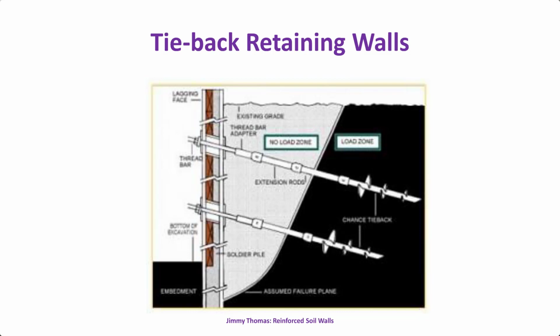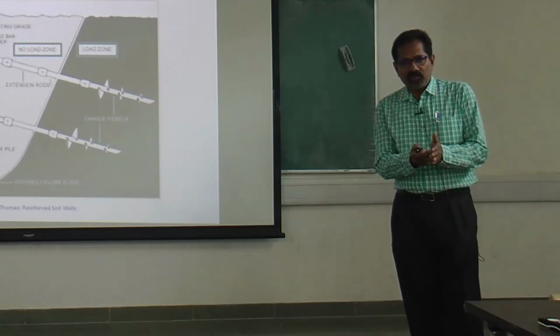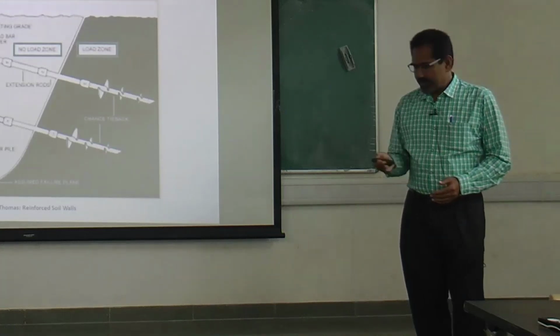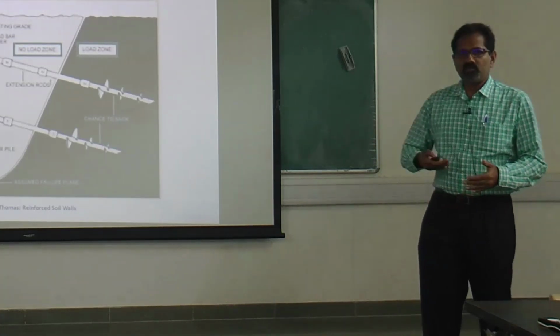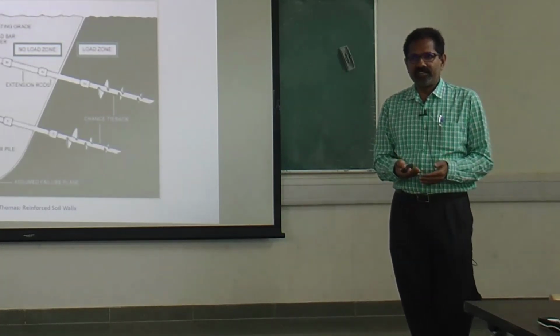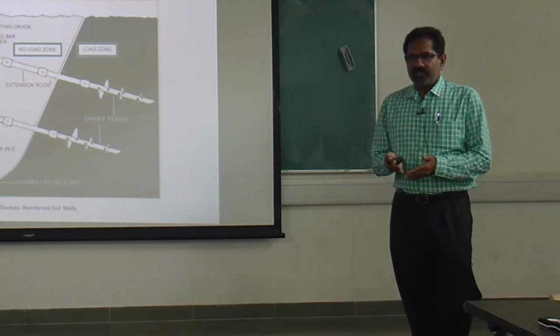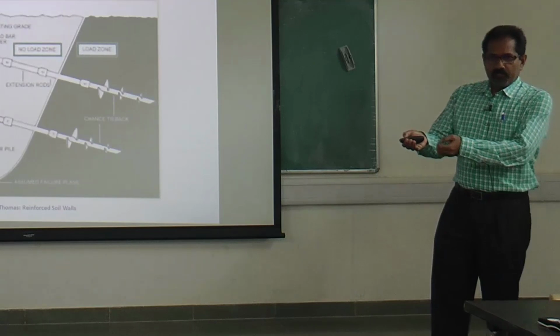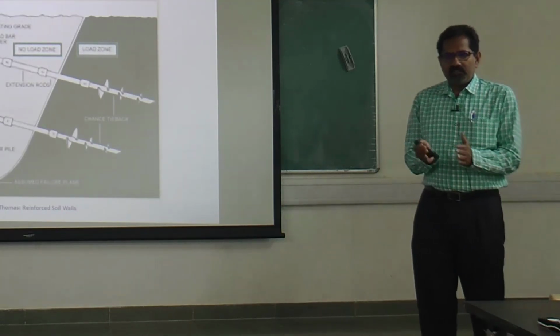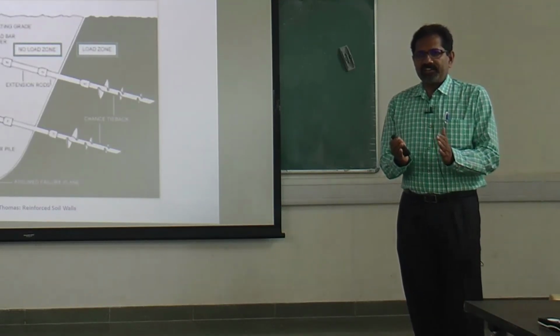The only difference is that soil nails are passive systems, meaning tension is mobilized only if the soil deforms. Whereas tie-backs are most commonly pre-stressed. That means you drill, insert the reinforcement, then grout it, then pre-stress it. So even before the ground deforms, it's in tension.